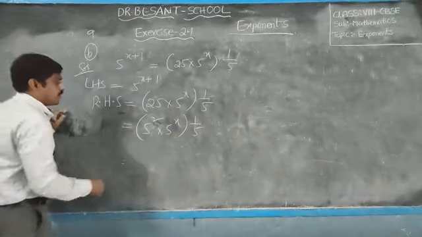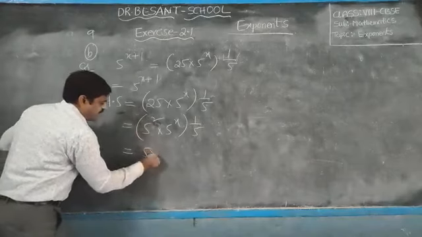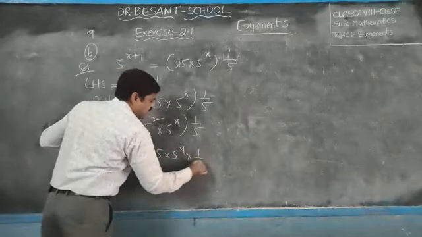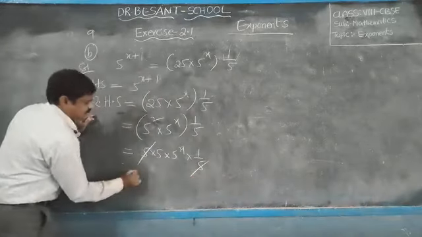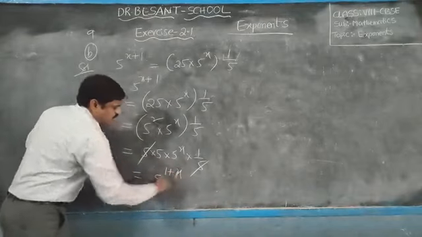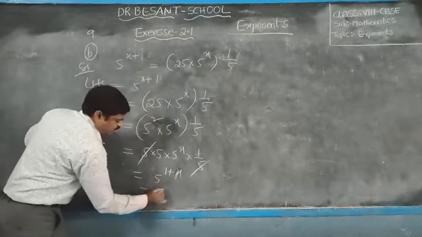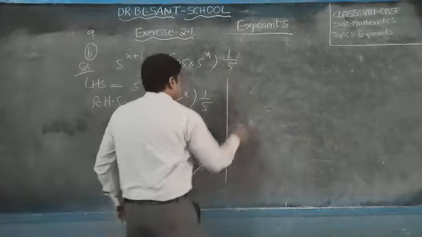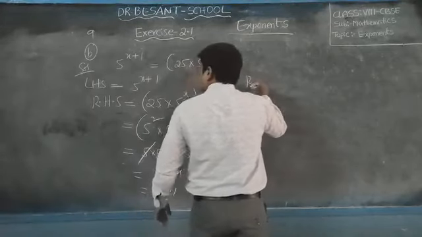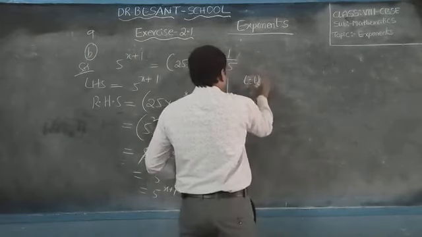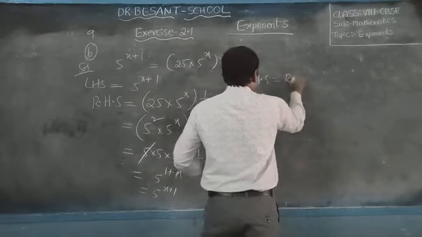Okay, then this is 5 into 5 power x, this is into 1 by 5. 5 cancel, 5 into 5 power x, that is equal to 5 power 1 plus x, that is equal to 5 power x plus 1. Now LHS is equal to RHS.